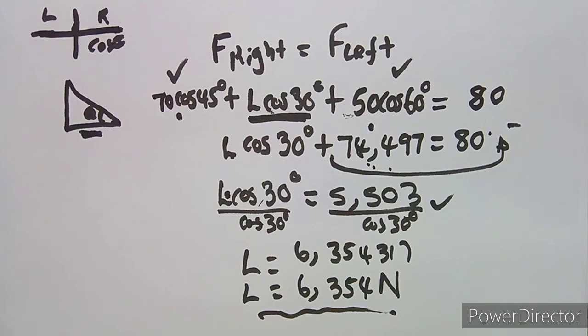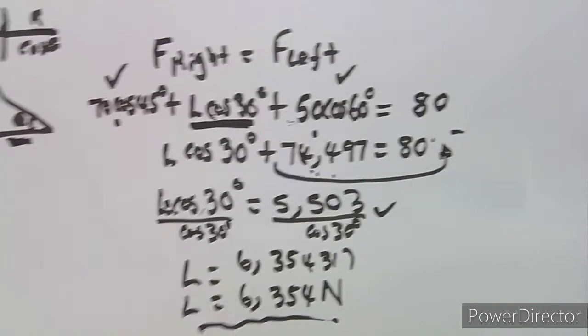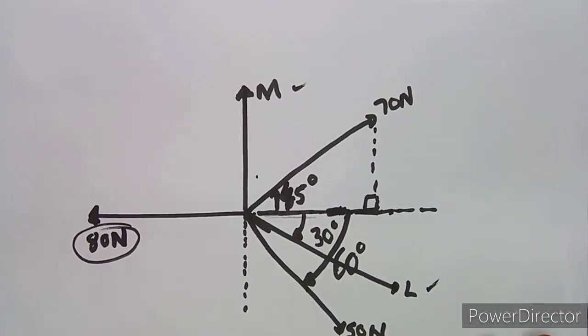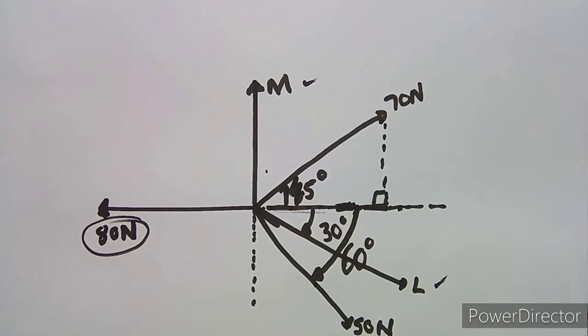All right, then we've got our L using the forces to the right and forces to the left. What can we do now to calculate M? We are going to move on to another concept of forces. Remember, upward forces are equal to the downward forces, the sum.